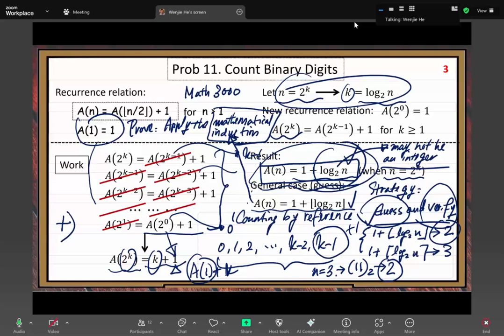Here I need to apply mathematical induction to show this formula is correct for all positive integer n. Although I can do it, our time is very limited, so I want to skip it.